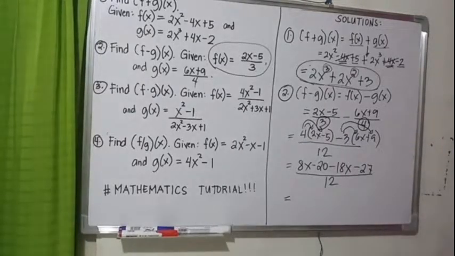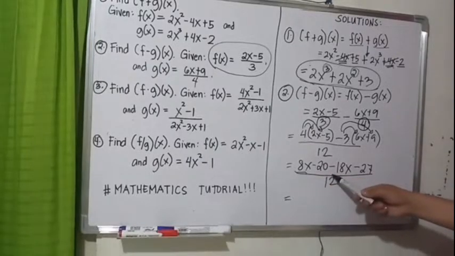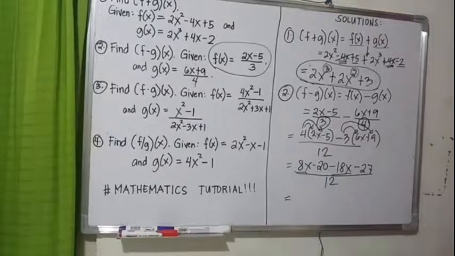simplify natin. How to simplify in this given example or in this given functions. Simplify, tingnan natin yung like terms. So ang like terms, the same variable and the same exponent. So itong 8x and negative 18x like terms.